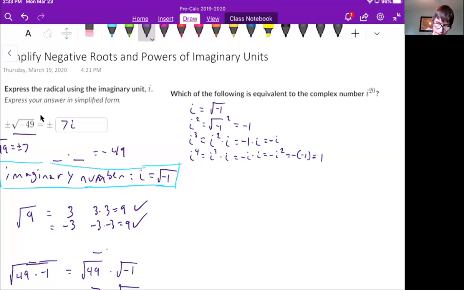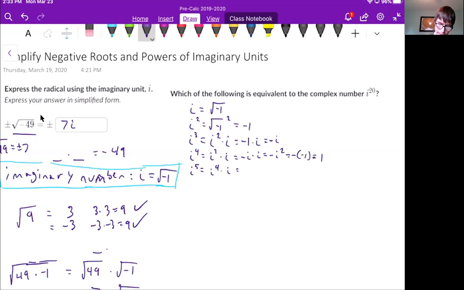Interesting. Okay, so all this together means that i to the 4th is 1. So if we went to i to the 5th, let's do one more. We'll say that is i to the 4th times i, because 4 plus 1 is 5.